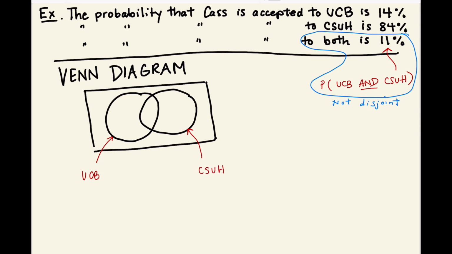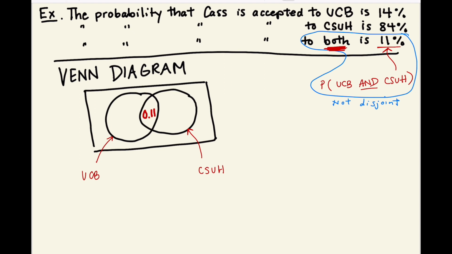We are given that the probability of being accepted to both colleges is 11%. So that is the area right in the middle. I'm going to fill that in. This is being accepted to both colleges, the intersection of the two circles.